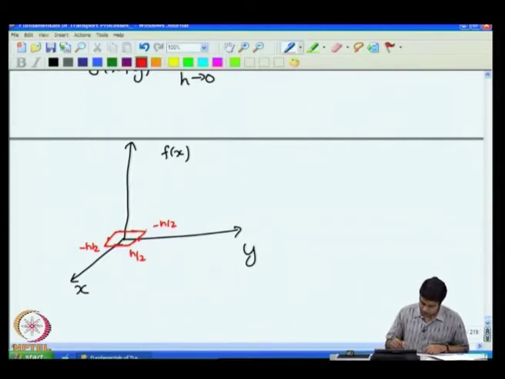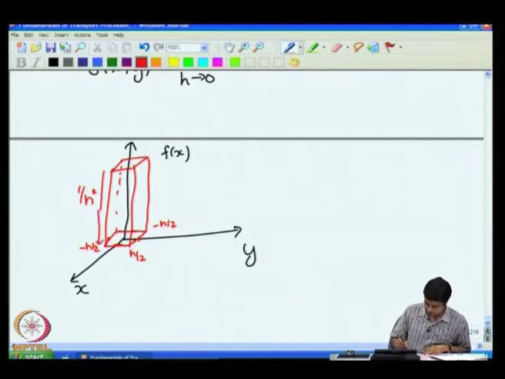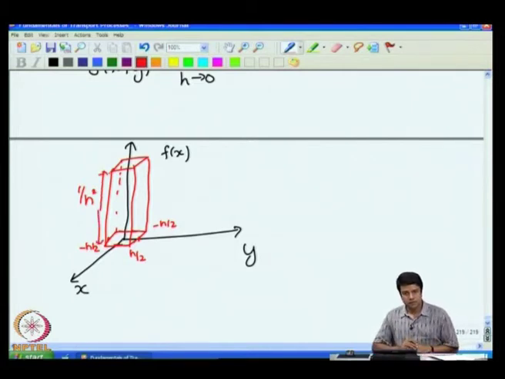And within this rectangle, this function has a constant value, and that constant value is 1 over h square.